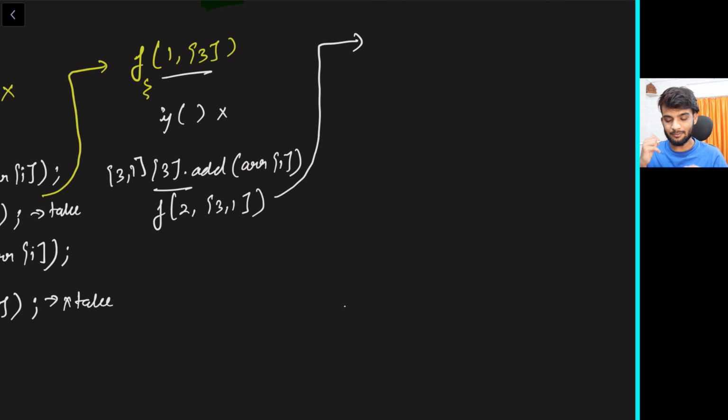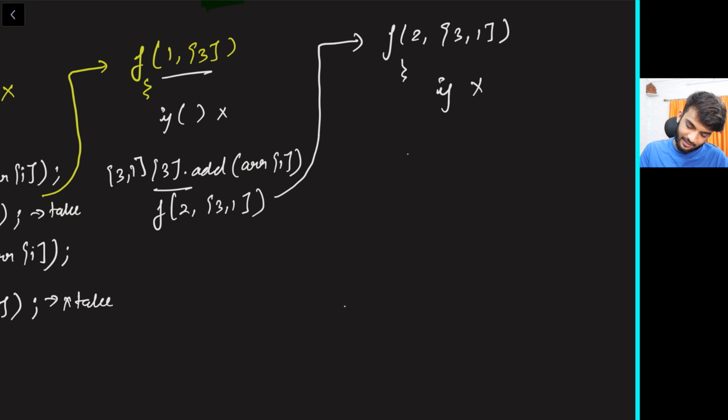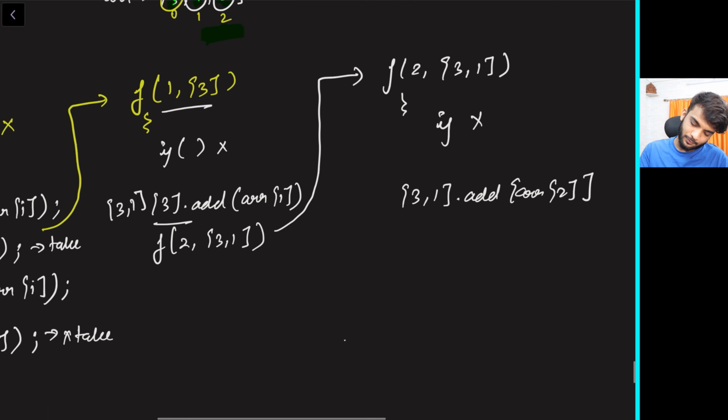Please understand in depth. Next, f of 2 with array 3 1. The base case will again not be executed. What will be the next step? I'll say again array 3 1, please add array of 2, which this time is 2.